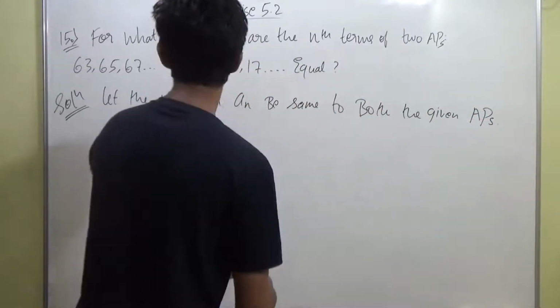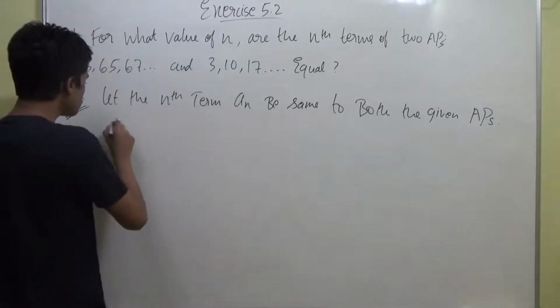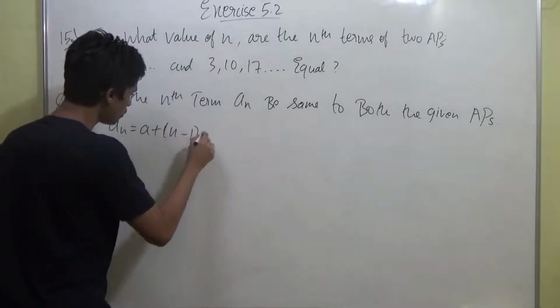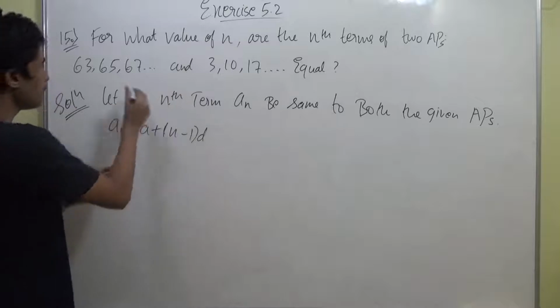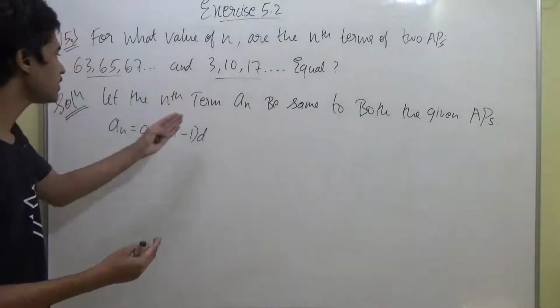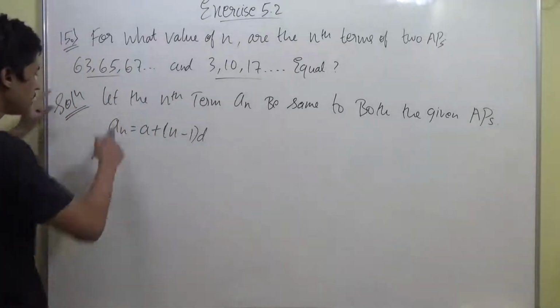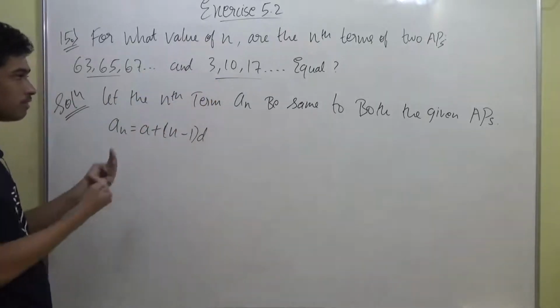So the nth term of both the APs we can represent using the formula a_n equal to a plus (n minus 1) into d. This a_n is going to be the same for this AP and for this AP. So let's do it mathematically. They're saying it is the same, so this sentence we will convert mathematically. That will become a_n of this AP equal to a_n of this AP. We'll just equate it.